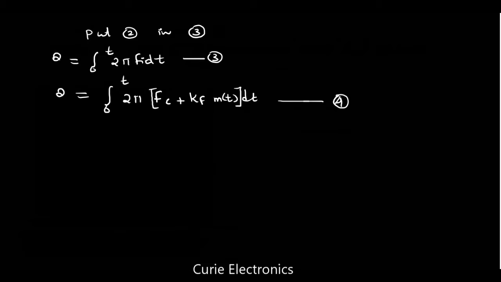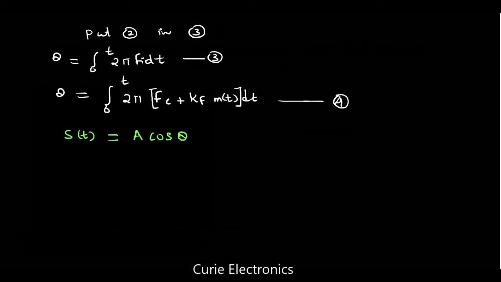So what is our modulated signal? What was our modulated signal S of t equals A cos theta. This was the equation for the modulated signal. And now we have theta in terms of frequency, carrier frequency and the message signal.